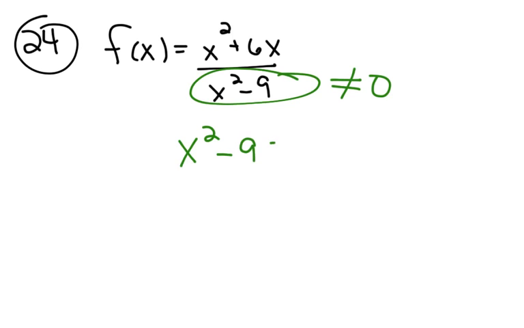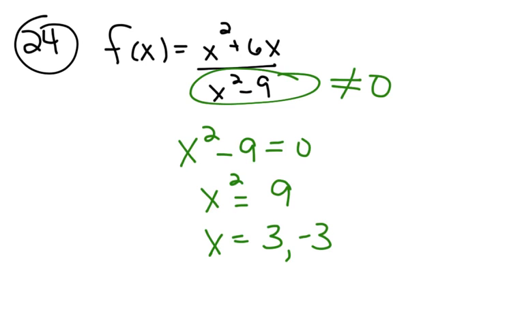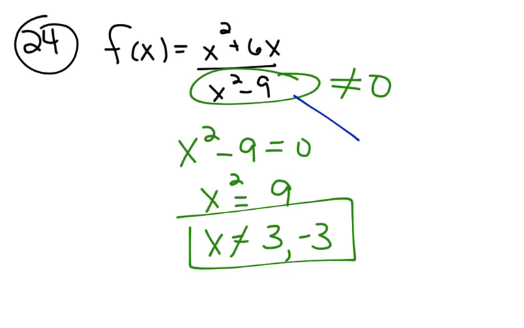So if you set x squared minus 9 equal to 0 and solve, you're going to find out that x is 3. But you've got to watch out because the other answer is negative 3. So it turns out the domain is that x cannot equal 3 or negative 3. Another way you could have done this is our special factor, and it factors into (x plus 3)(x minus 3), which is why there are two answers to the problem, 3 and negative 3.